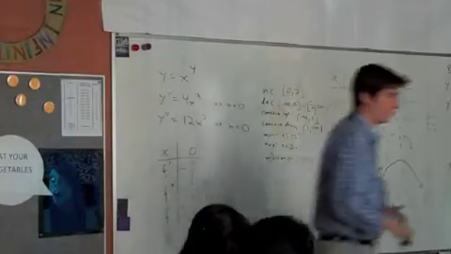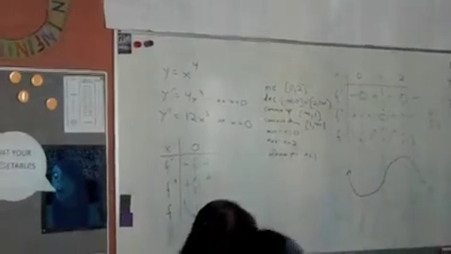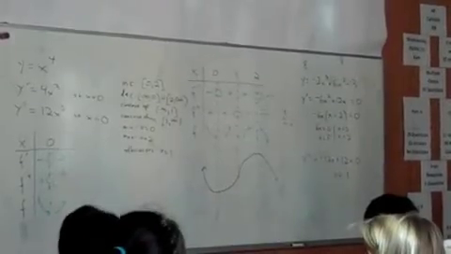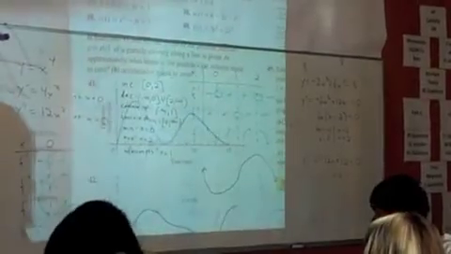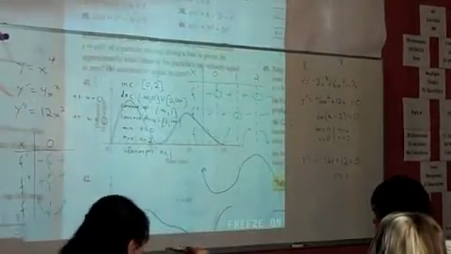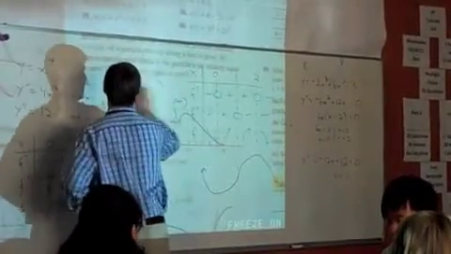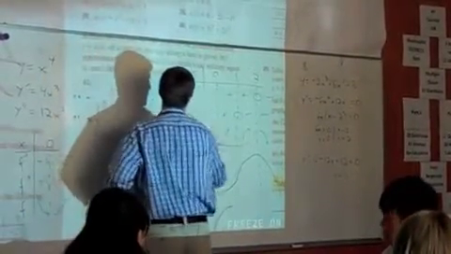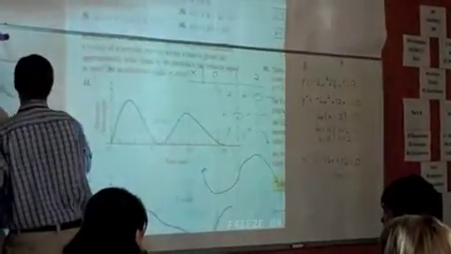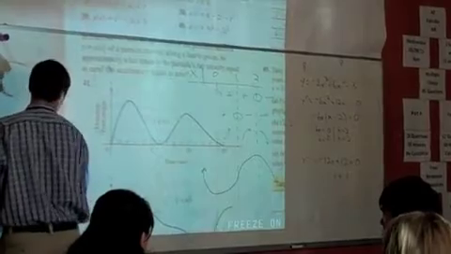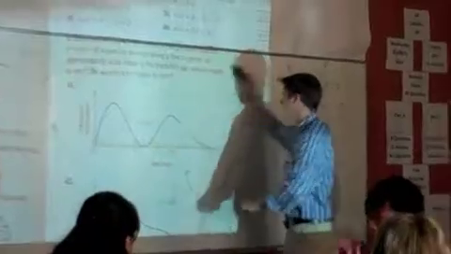Okay, we have time for one more. Sneak another one in. I'm going to erase all that stuff. But this graph right here in 41 is a position versus time graph. And I want to know when is the velocity 0 and when is the acceleration 0. Just talk about it in your groups. You don't have to draw it or anything.